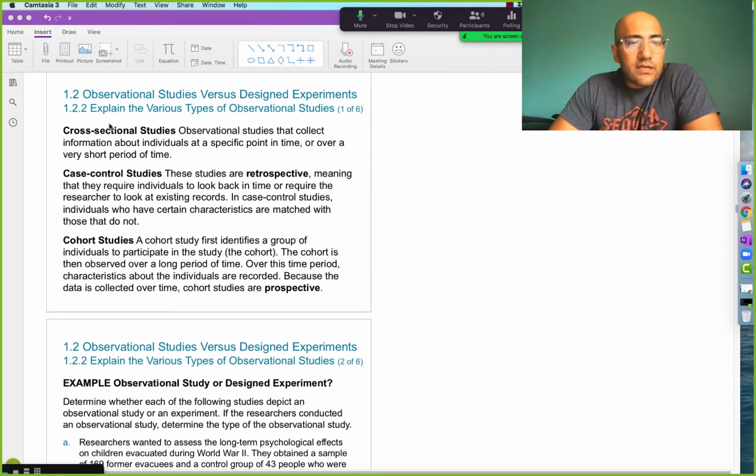A case control study, these studies are retrospective, meaning that they require individuals to look back in time or require the researcher to look at existing records. In case control studies, individuals who have certain characteristics are matched with those that do not. Okay, so I think as the definition implies, you look back at records. You figure out something about birth rates in 1970 or something.